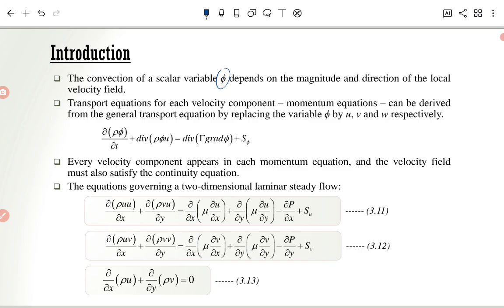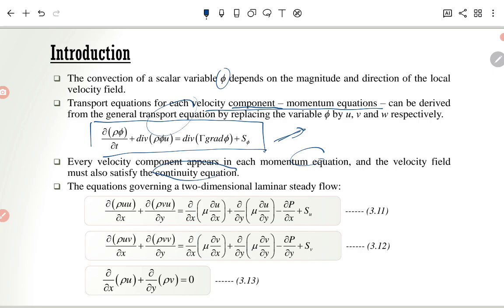And the transport equation for the velocity component, the momentum equation, can be derived from the transport equation, as we found in the previous chapter. Every velocity component appears in the momentum equation, so the velocity field must also satisfy the continuity equation.